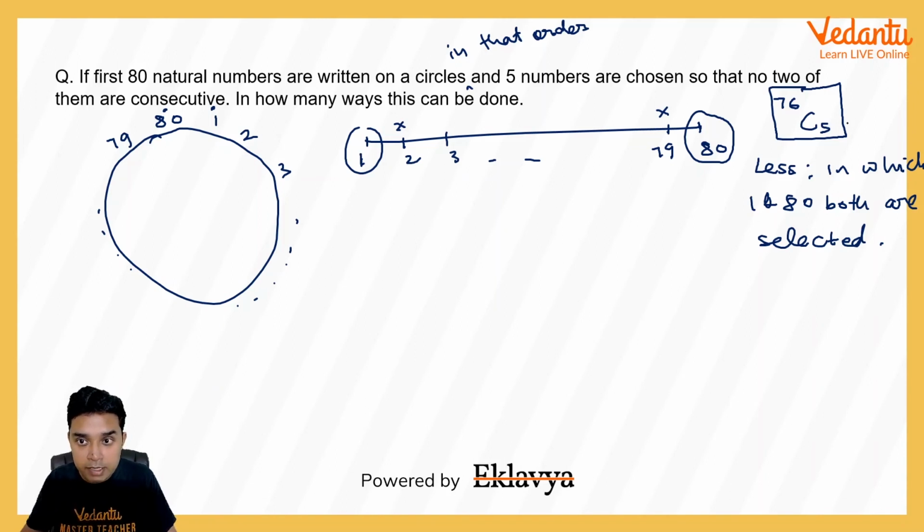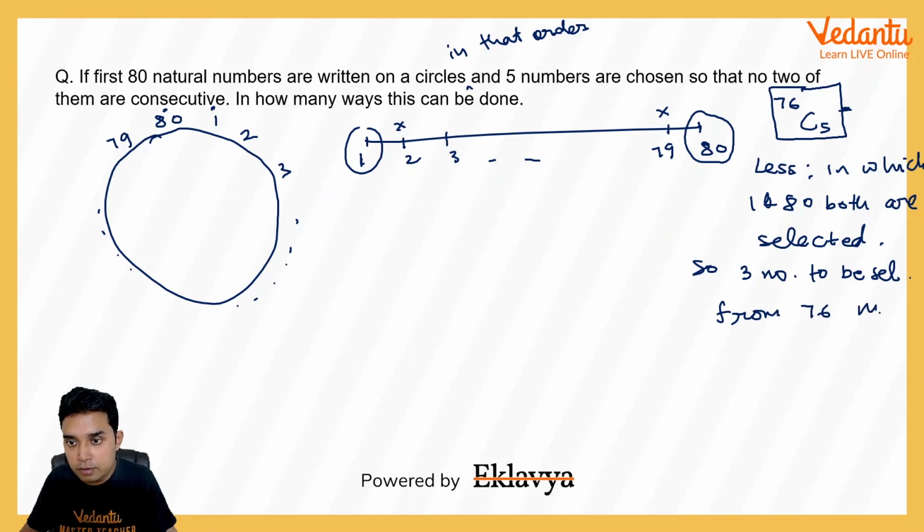In those cases, if 1 and 80 are selected, 2 and 79 will not be selected. So we now have 3 numbers to be selected from 76 numbers, so that no 2 are consecutive.